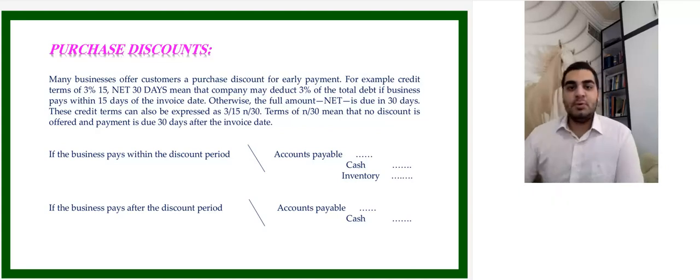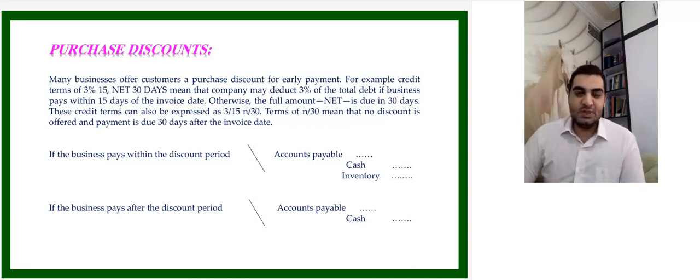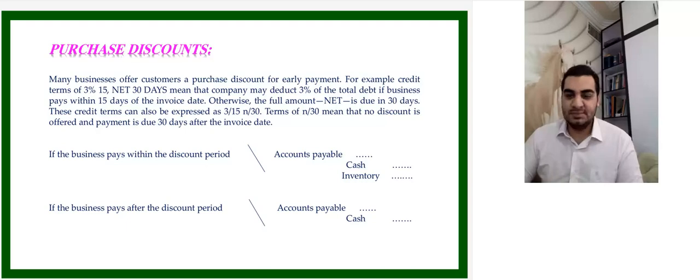A very important term in this chapter is purchase discounts. Many businesses and companies offer their customers a purchase discount for early payment if the customer pays the debt earlier than expected. For example, a credit term of 3/15, net 30 days.